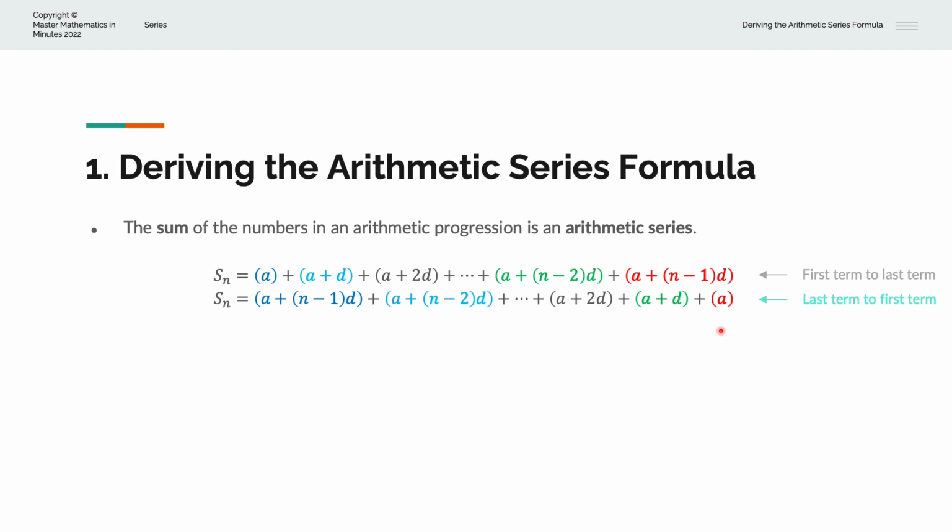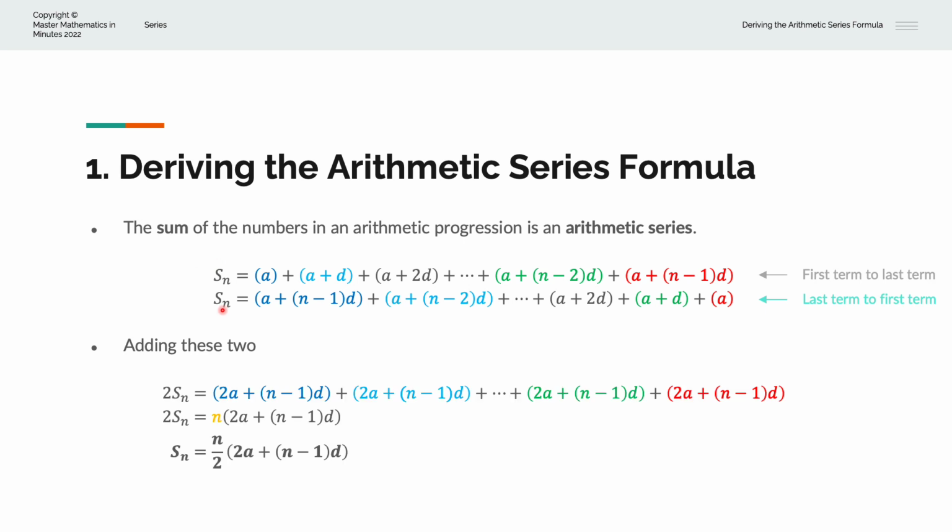The next step is to add these two equations together. Adding Sn and Sn gives us 2Sn on the left hand side. Adding the first terms on the right hand side, a plus a gives us 2a, and with plus (n minus 1)d, that's the first term.